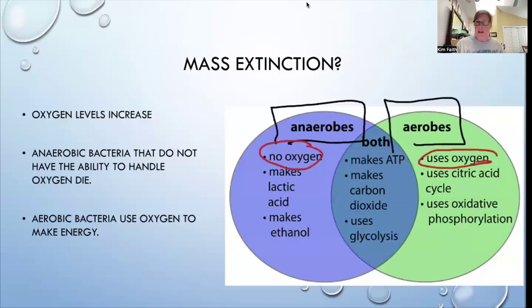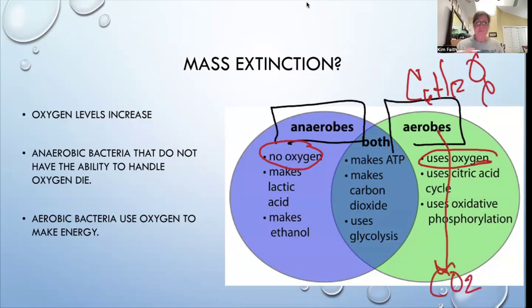I don't know how much detail I'm going to get into with you guys, but just know, basically, we take our sugar, C6H12O6, and break it all the way down to CO2, which is what you exhale. That is our waste product. Both of them are going to make ATP. They both make carbon dioxide, and they both use glycolysis.